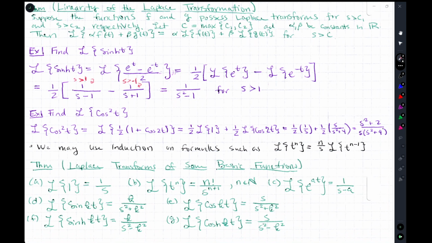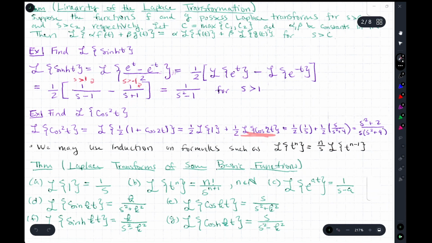We may also use trigonometric rules. So if we want to find the Laplace transform of cosine squared, well, what is cosine squared? Using the half angle identity, we could write cosine squared as this. And then using linearity, we distribute that L, and we get this expression.